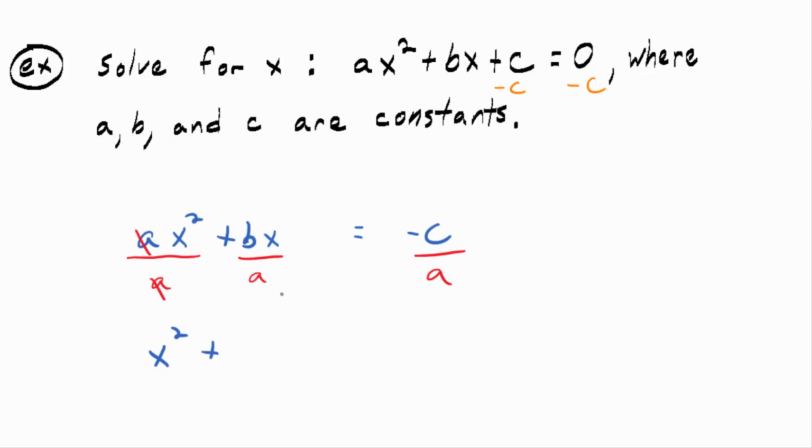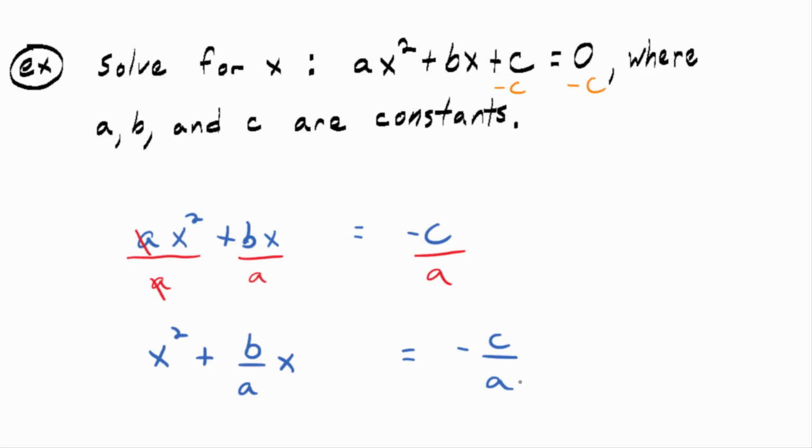You want to get the coefficient out in front, so it would be b over a. So you rewrite bx over a as b divided by a times x, equals negative c over a. So we're doing the same thing we did before. Don't let the letters scare you. They represent numbers, so you're doing the same steps.